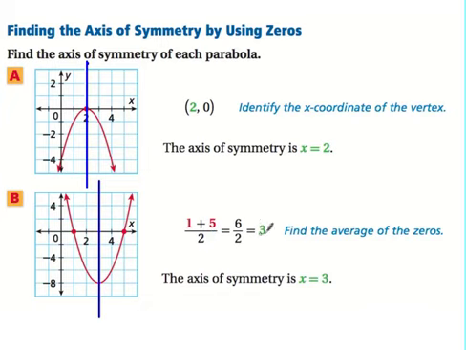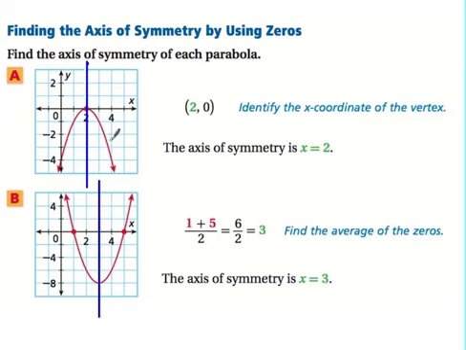So the axis of symmetry is 3 here. And we always use x to represent the axis of symmetry, because x can show us where the axis of symmetry is lying in the graph.